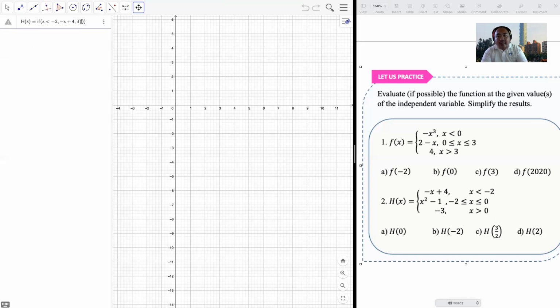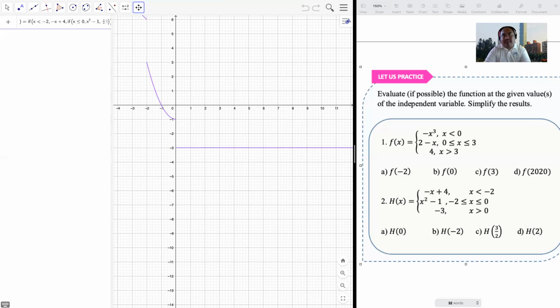If x is less than or equal to 0, then the graph is that of x squared minus 1. And finally, else, when it is greater than 0, you graph negative 3.